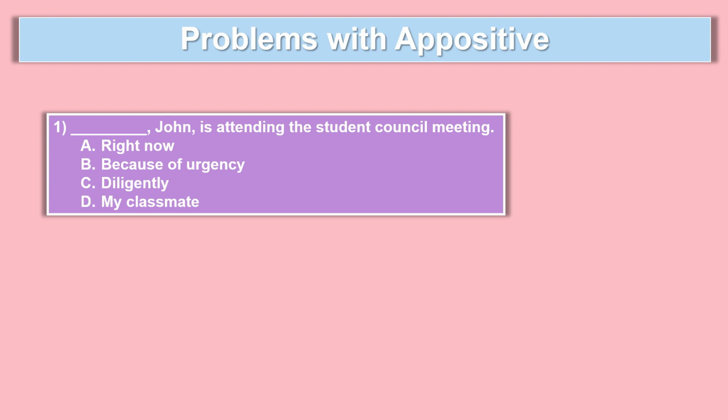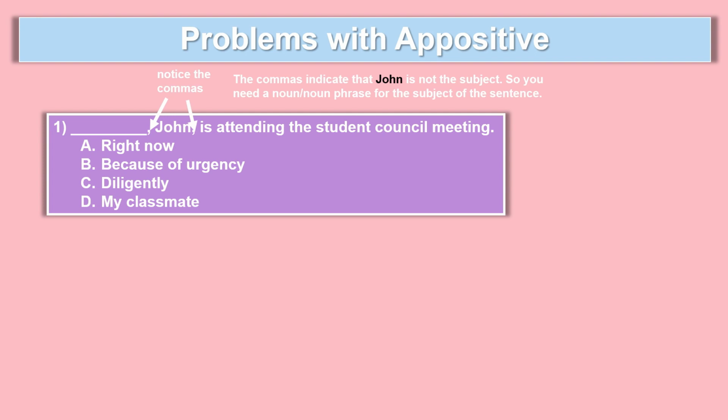To understand what we need, we have to look at the sentence. You notice the commas. You remember that a noun or noun phrase within commas can be an appositive. And if this is an appositive, then what you need in this sentence is the subject, since John is the appositive, John is not the subject.